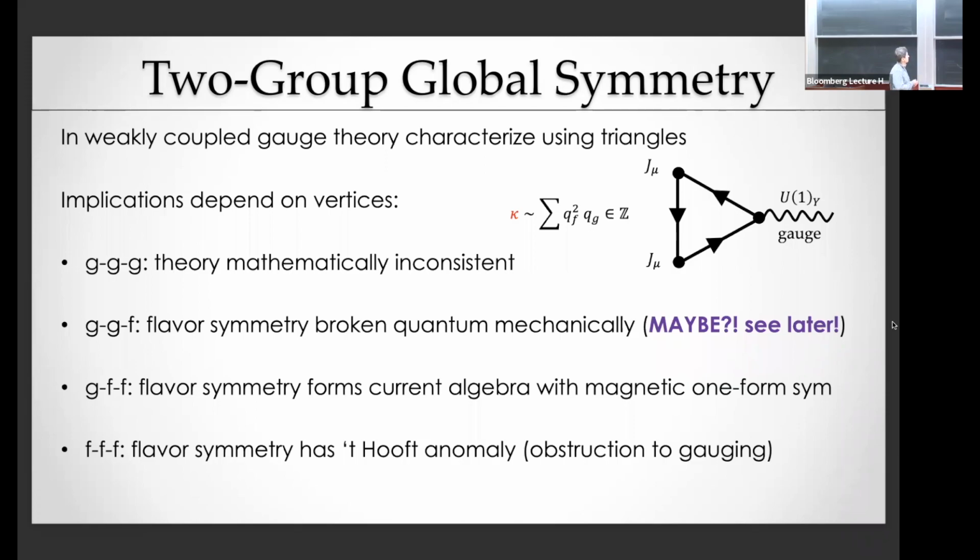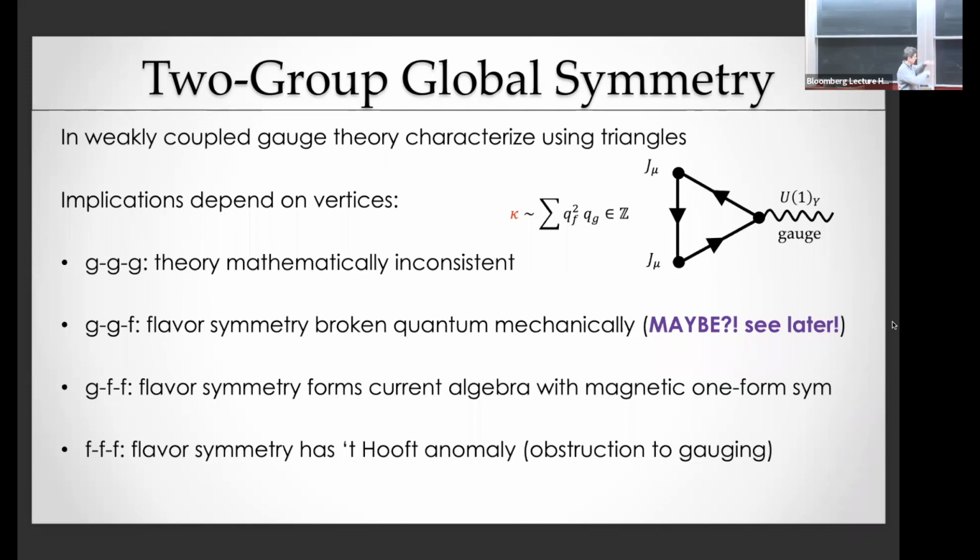So if the three vertices are gauged, so GGG, then that's just an ordinary gauge anomaly, and this theory is not consistent, so we won't study it further. At the other end of the spectrum, if they're flavor, that's an 't Hooft anomaly. It's an obstruction to gauging, something that matches along flows.